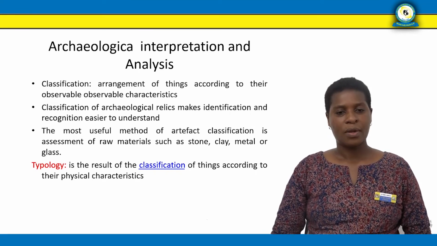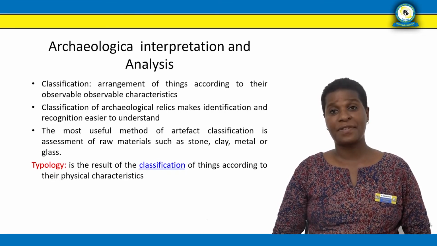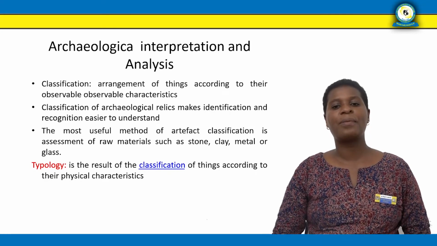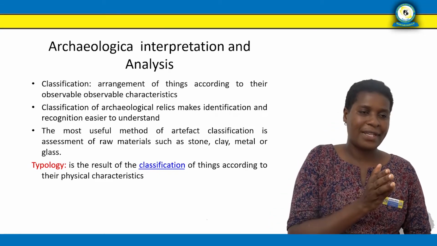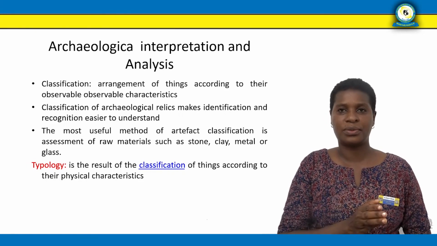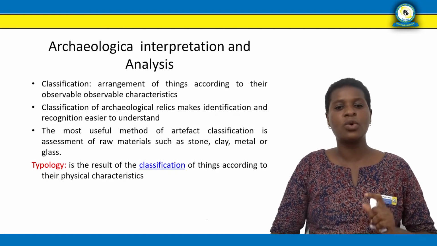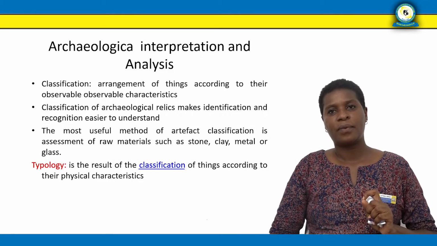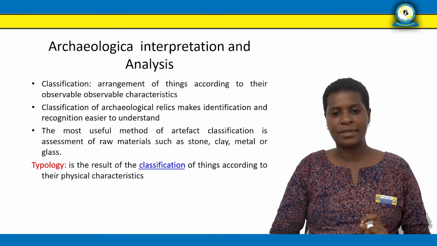And the most useful method of classifying these artifacts is the assessment of raw materials. As I said, you may find stone tools, metal tools, bone tools. So the first thing to do when you are classifying these materials is looking at the raw materials which have been used to make those tools or those remains.